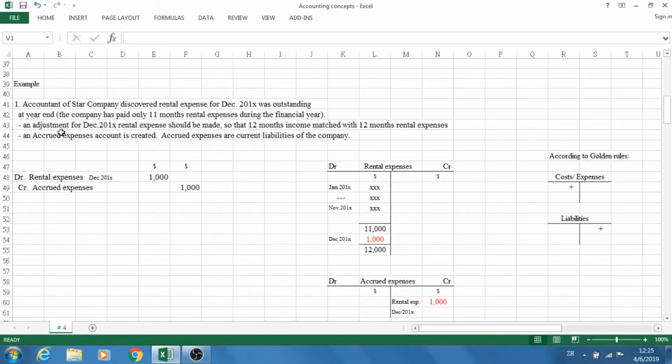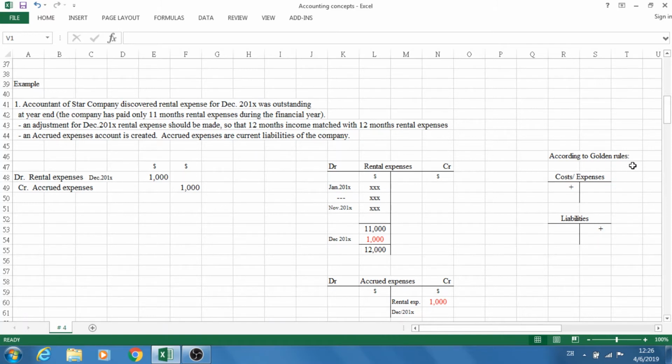An adjustment for December year 2010 rental expense should be made so that 12 months income is matched with 12 months rental expenses. An accrual expense account is created. Accrual expenses are current liabilities of the company.